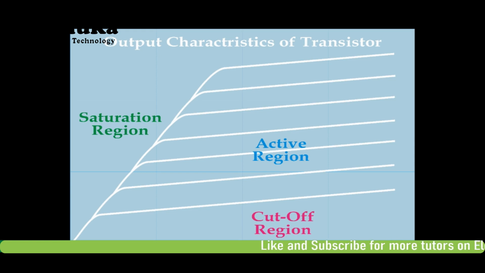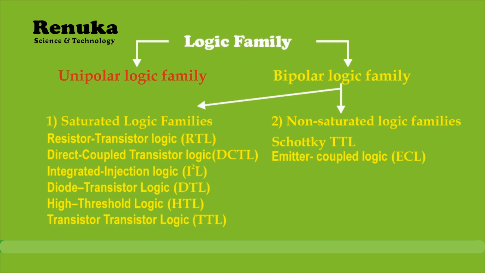And the middle region between these two, in between the saturation region and the cutoff region, is called the active region. Now if the transistor is operated only in the saturation region, that means the input side is forward biased and the output side is forward biased, so the input side is on and the output side is also on. If these transistors are operated in the saturation region and used as logic gates, then the gates in this group will be called saturated logic families.